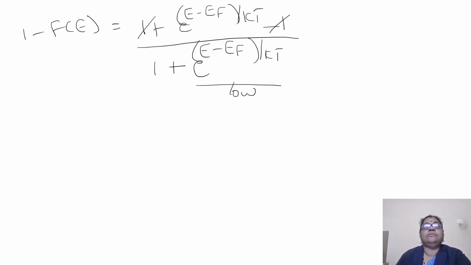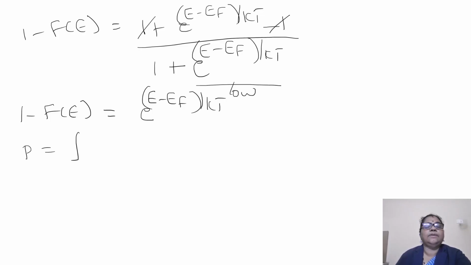That is the second term in the denominator. So we can have only the exponential term in the denominator, and we can simply write 1 minus F of E is equal to e to the power minus E minus EF by KT. So we can substitute that 1 minus F of E into the general expression.